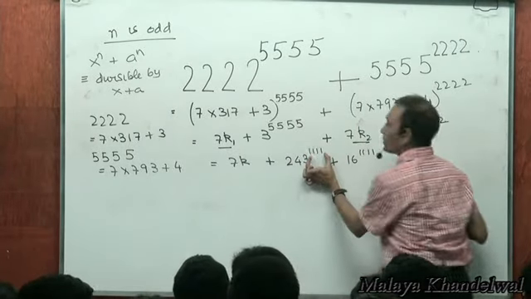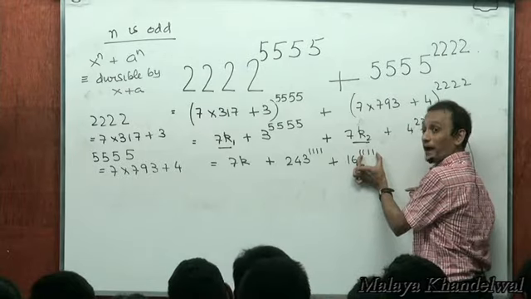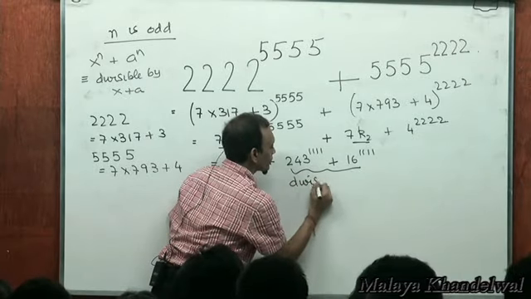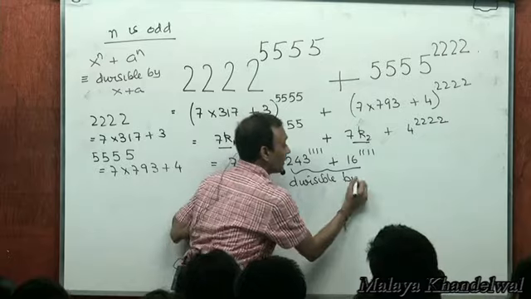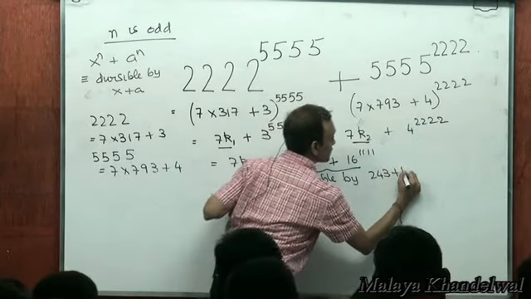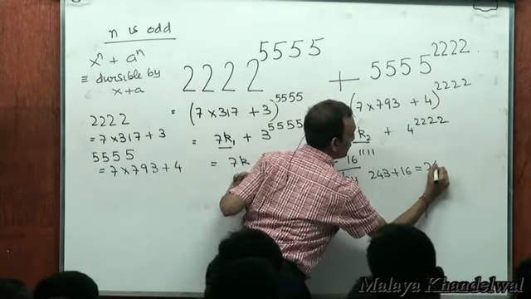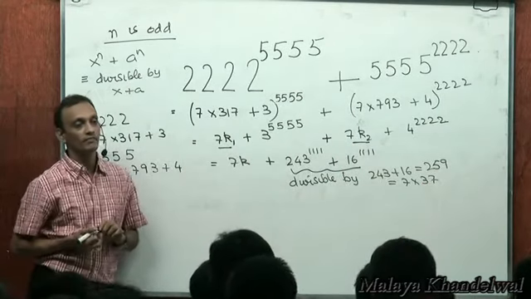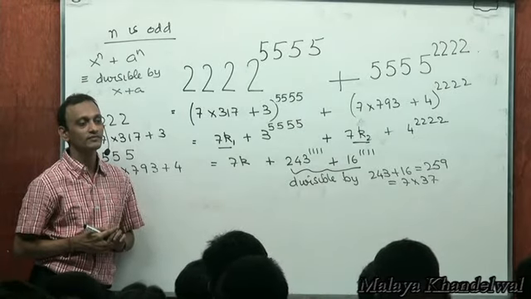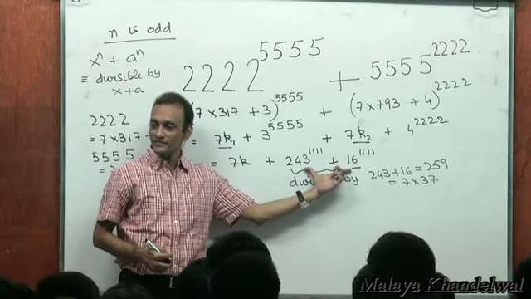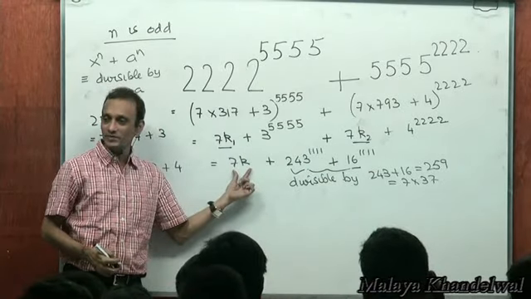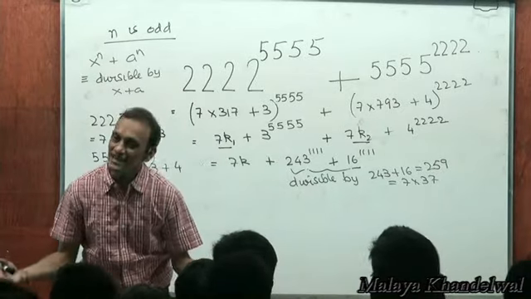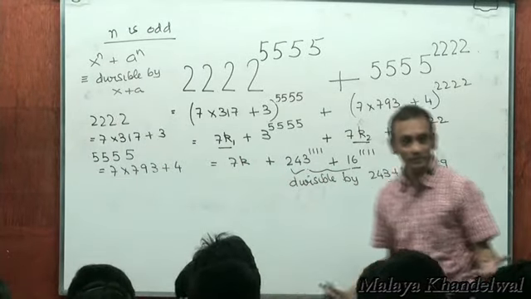So x to the power n plus a to the power n must be divisible by x plus a. 243 plus 16, which is 259, which is 7 into 37. Yes or no? That means these two together are divisible by 7. Therefore, this number, so sweet and small, is divisible by 7 indeed. Right? Got me?